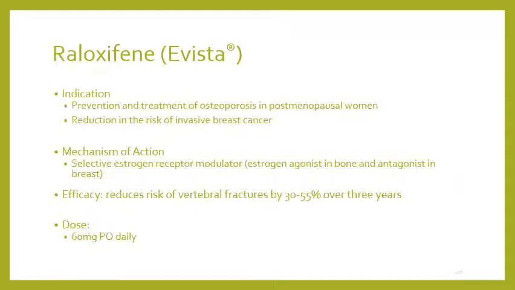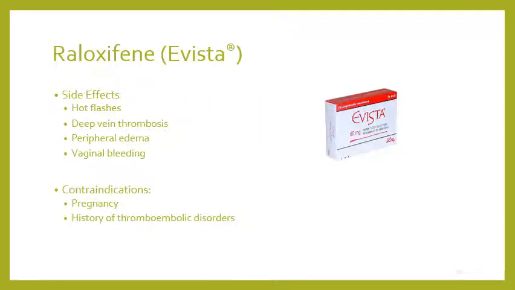The dose is 60 milligrams daily. Possible side effects with raloxifene include hot flashes, deep vein thrombosis, peripheral edema, and vaginal bleeding. Contraindications include pregnancy and history of thromboembolic disorders.